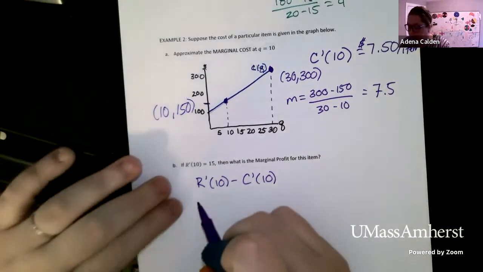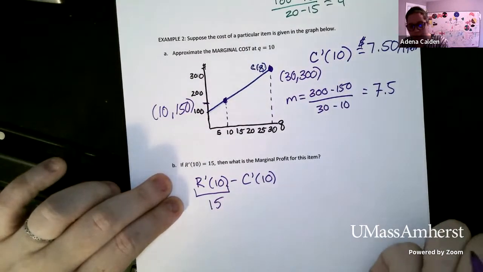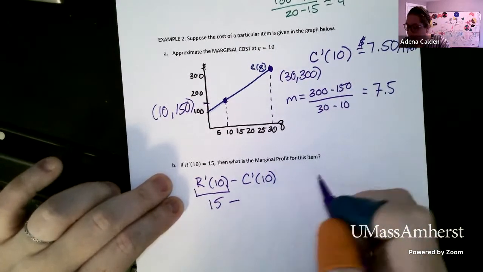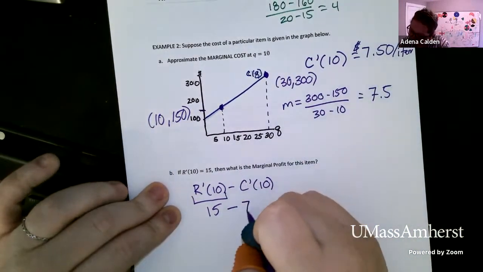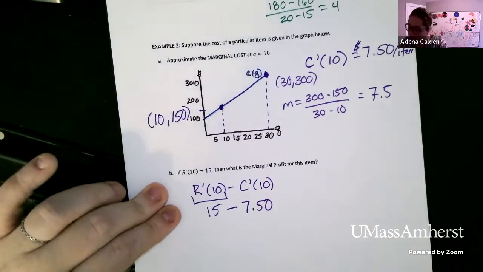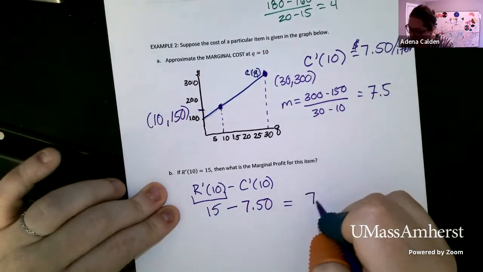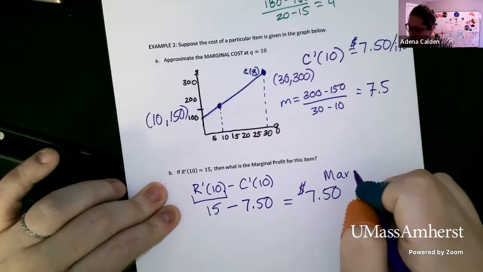So the extra money I bring in, $15 per item, minus the additional cost I found in part A, $7.50, means the marginal profit at that level is $7.50.